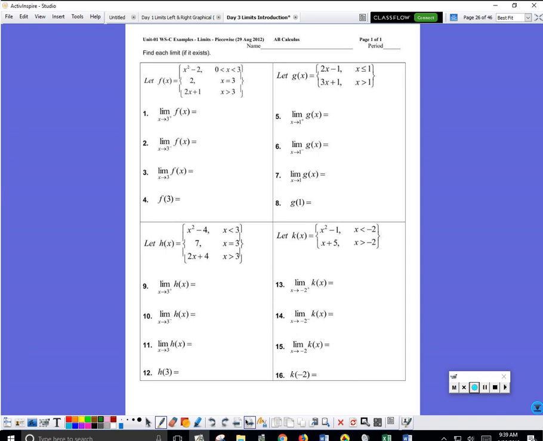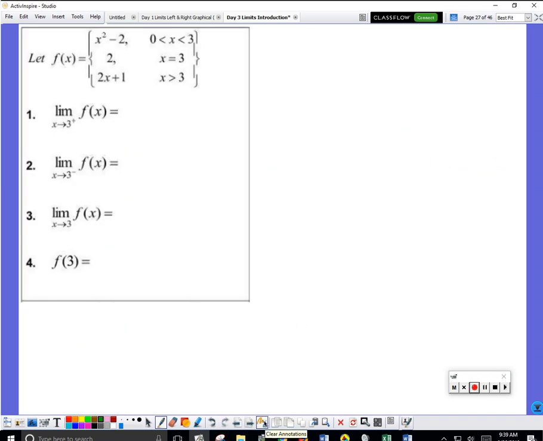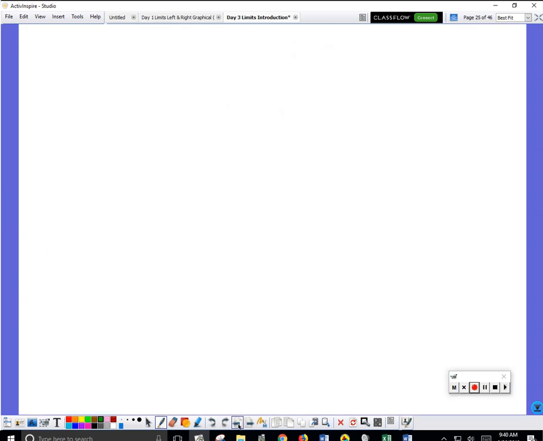Okay, here we go. First thing, again, you're not copying the procedure, you're making sense of the idea. The first thing you want to do is say, okay, look, they're giving me a function f, so that's exactly the same as what we've been doing.